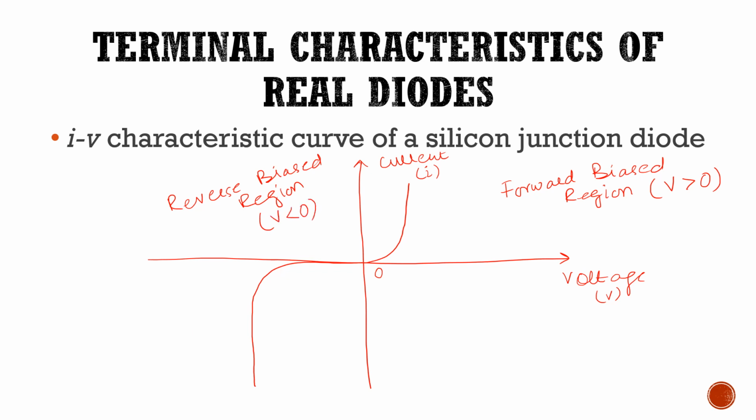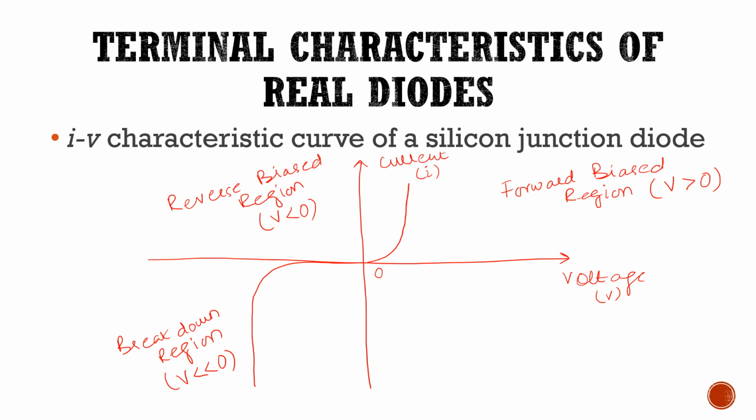And third region is breakdown region, which is determined by V very much less than 0. Now, these three regions are modes of operation of real diodes.